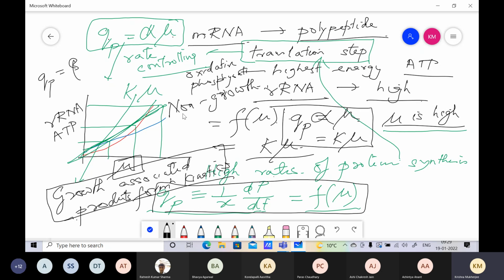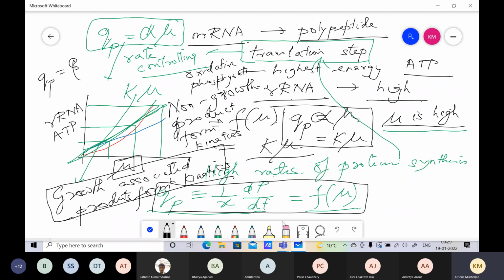We now understand much better as biochemical engineers. So everything is very simple for biologists. It is either growth associated kinetics, which means QP is proportional to mu, or otherwise non-growth associated product formation kinetics, which is QP is not proportional to mu.